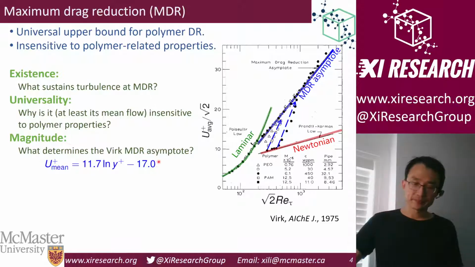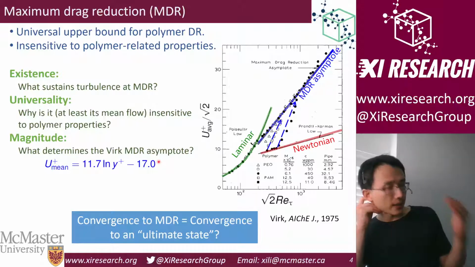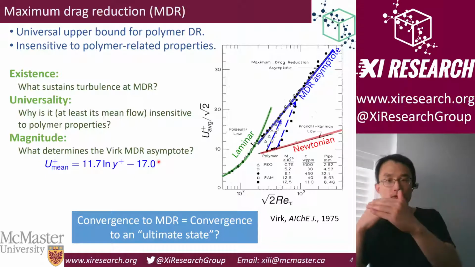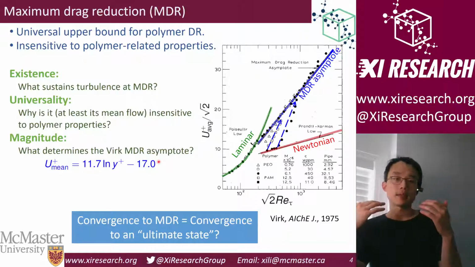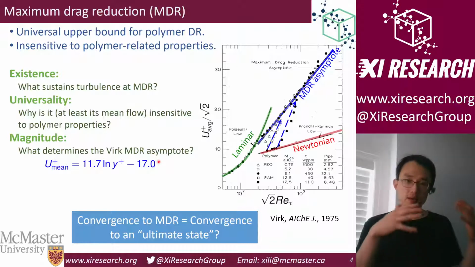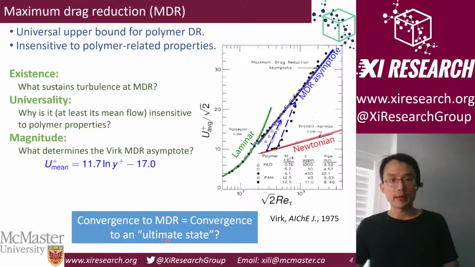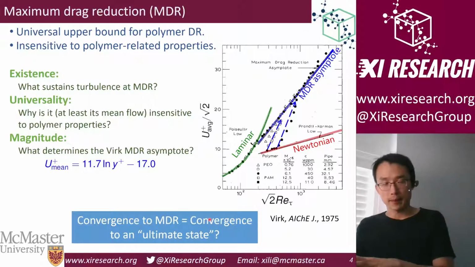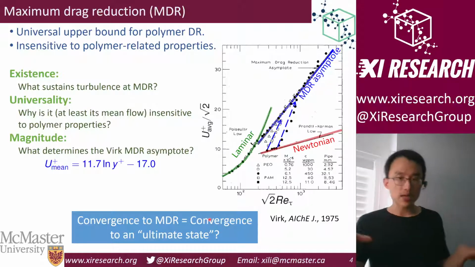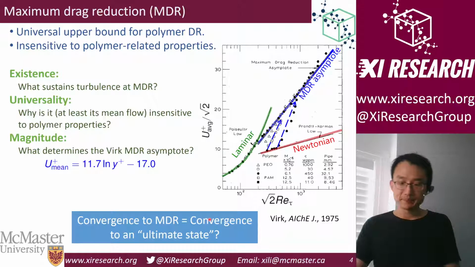Because MDR is a state at which the level of drag reduction converges to the highest level for a given Reynolds number, it has been widely assumed that this indicates the underlying dynamics of the turbulent flow reach some sort of ultimate flow state, which is no longer affected by polymers. And this assumption has been guiding MDR research for nearly half a century.